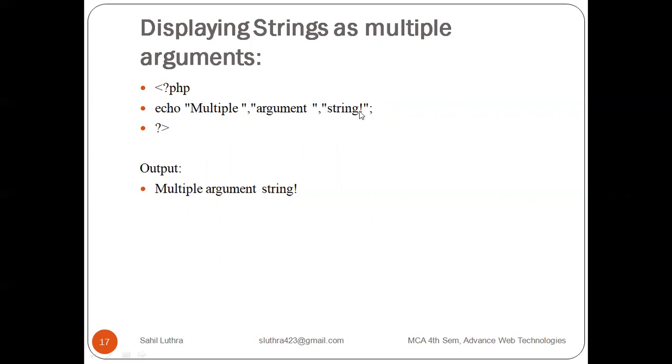And last is string, which we are going to pass. So this is how we can pass multiple strings, or multiple values, to echo. And this is the output when this program is executed: multiple argument string. So this is the way with which you can pass multiple arguments as strings to echo for display.